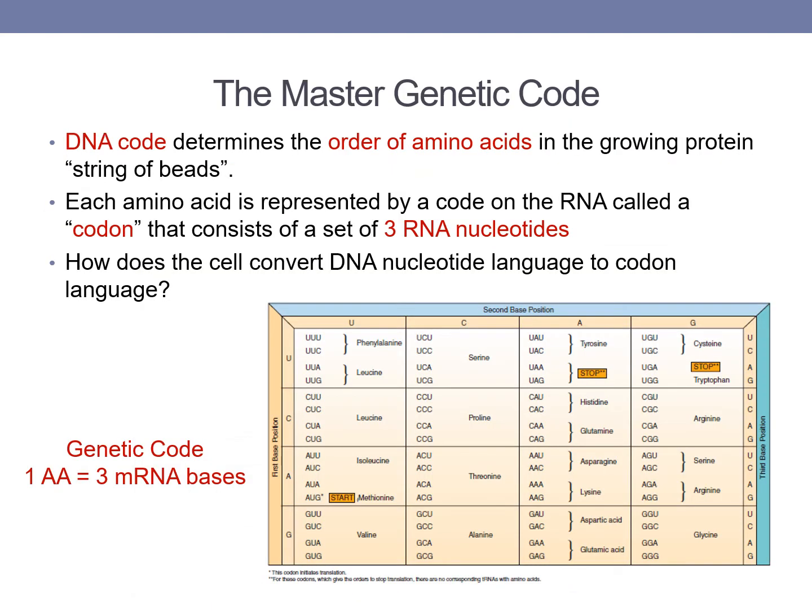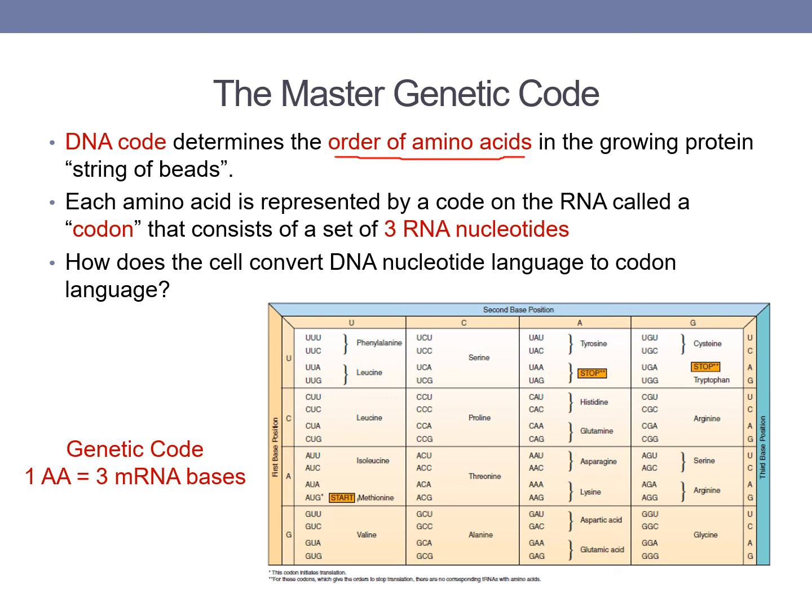The master genetic code is going to be that representation of amino acids. The DNA code that is contained in our genes is going to be the overall determinator of the order of the amino acids in the growing protein string of beads.